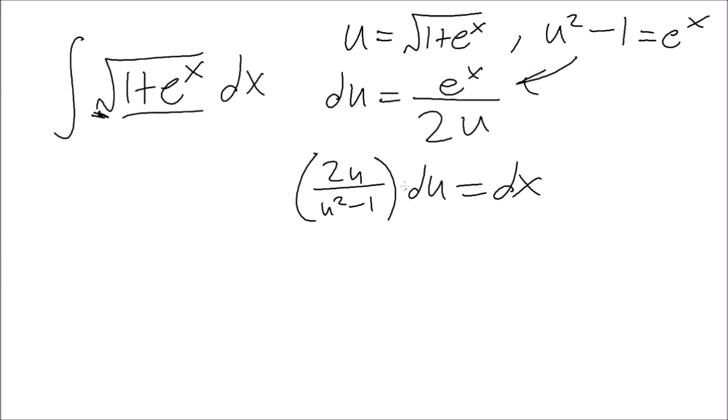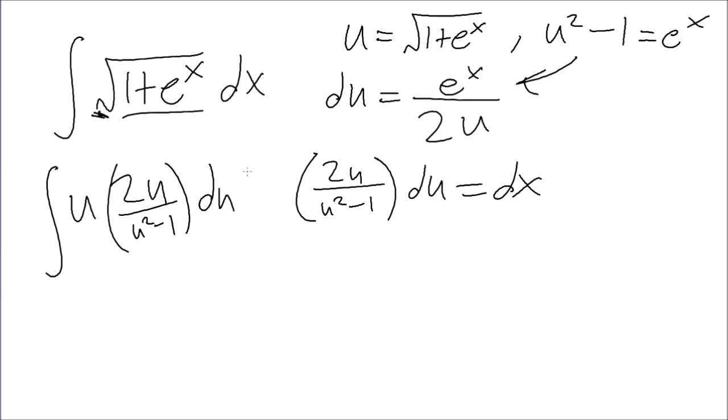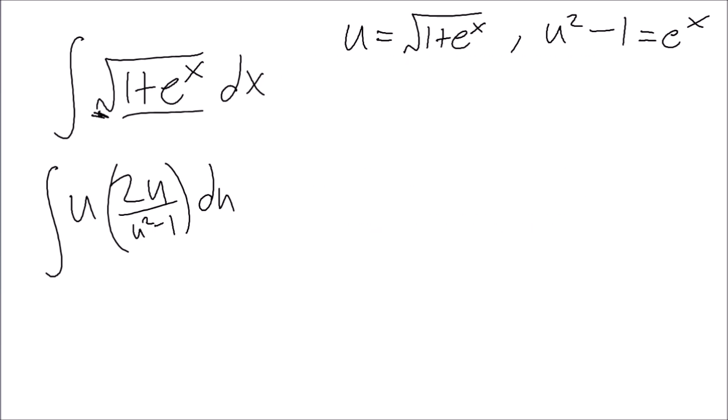And we can just plug that in. So now we have this whole integral, u, and then 2u over u squared minus 1 du. So now we're really forcing a U sub here, just by letting u equal everything.